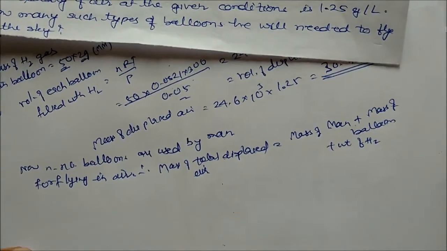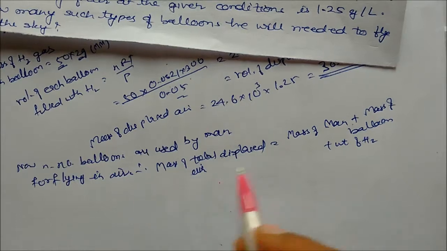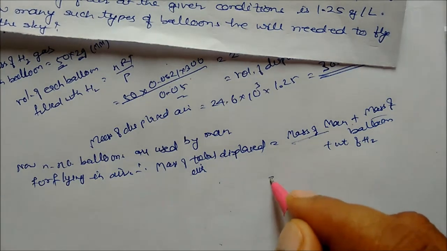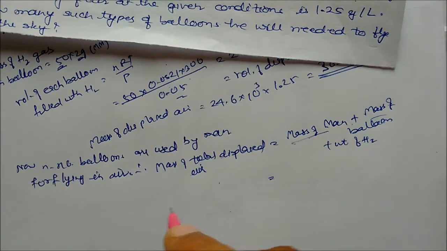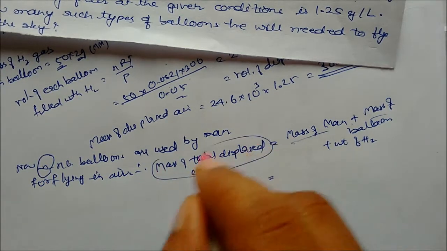Okay, so this is the total mass of the balloon. We have to find the mass. The mass of man is given here. This is the n, so n number is given here. So we can write the mass of total displaced air.